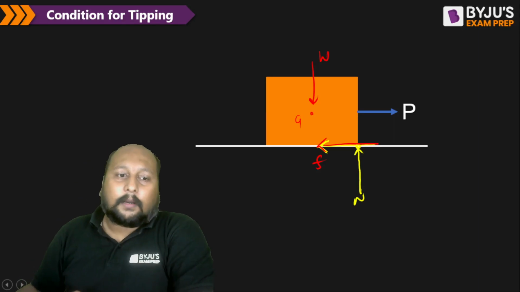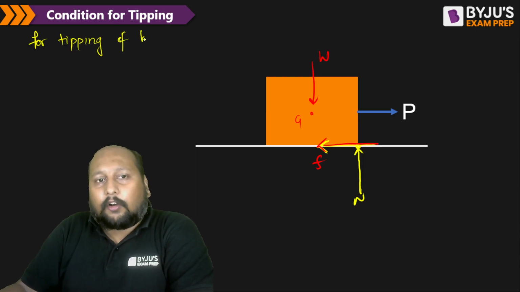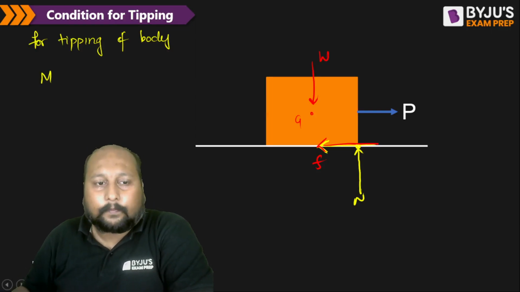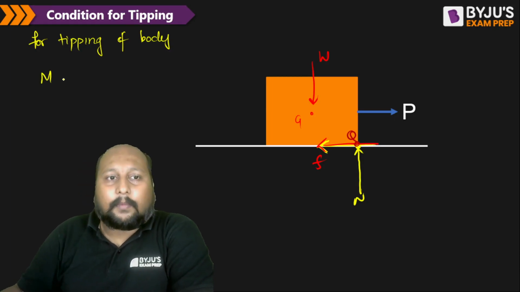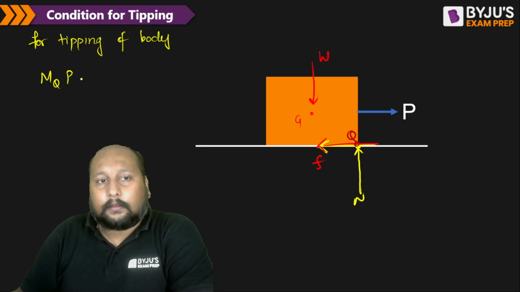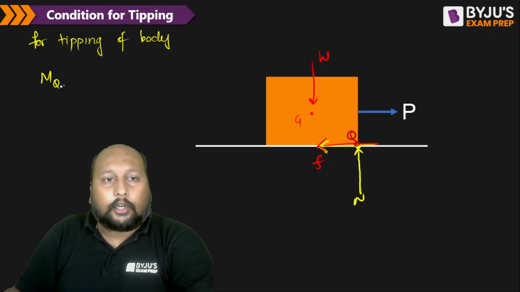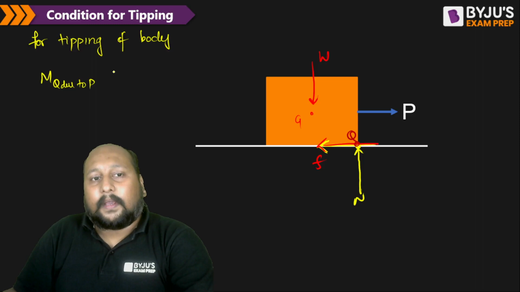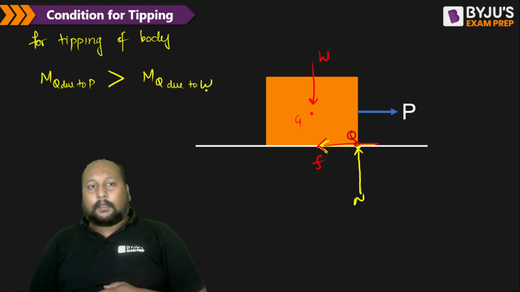So if I want the body to topple, for the tipping condition of the body, can we say that the moment about point, let us suppose this point is Q, the moment about Q due to P should be greater than the moment about Q due to weight W. Yes.